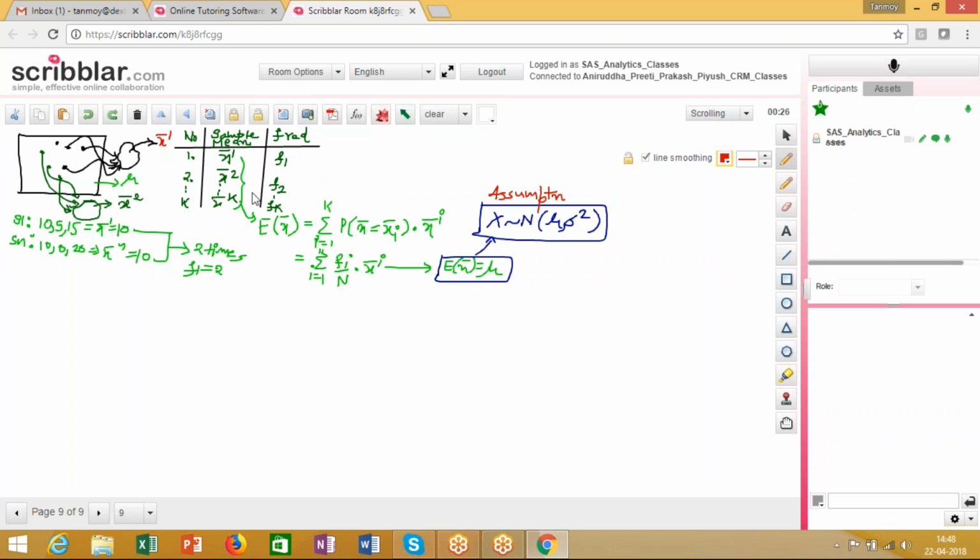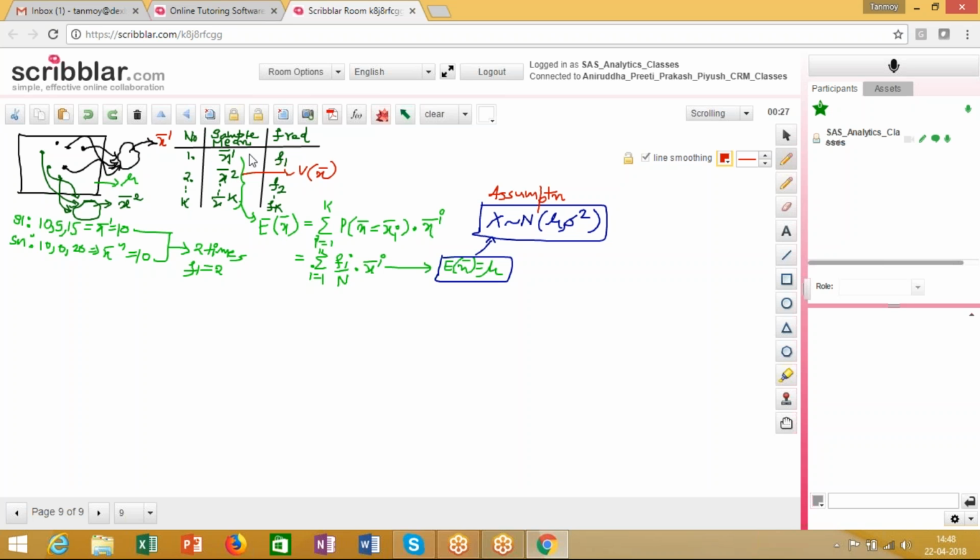So over here we need to estimate the variance of this series, which is the variance of X bar, right?